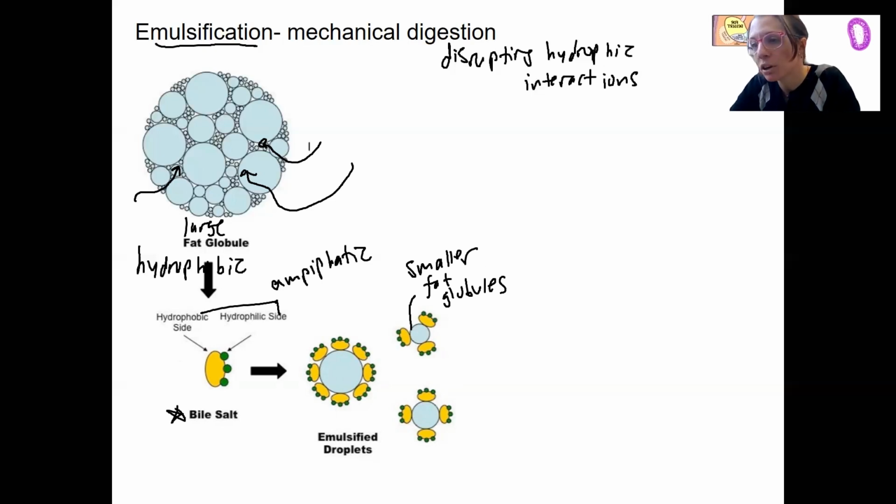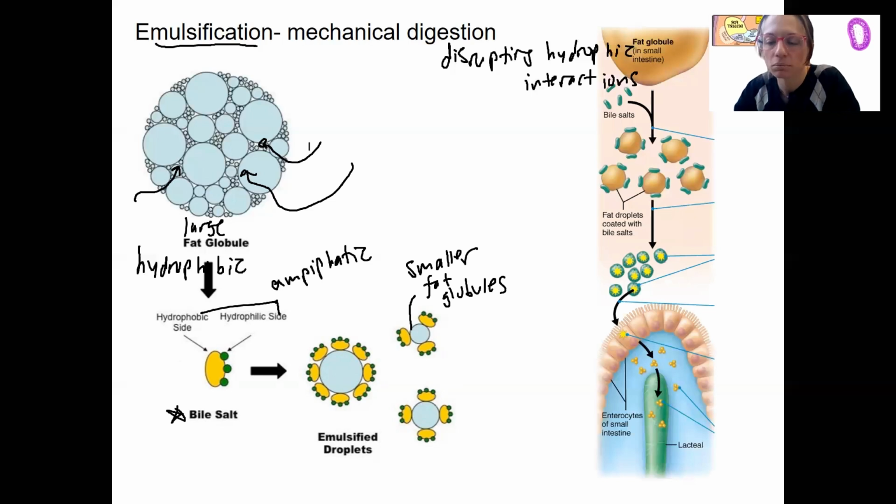So this is a little preview into absorption that shows the same large fat globule we're starting with, that you ingested, some delicious fat. Bile salts are going to emulsify. Then we can actually, here, this is a change in chemical structure.